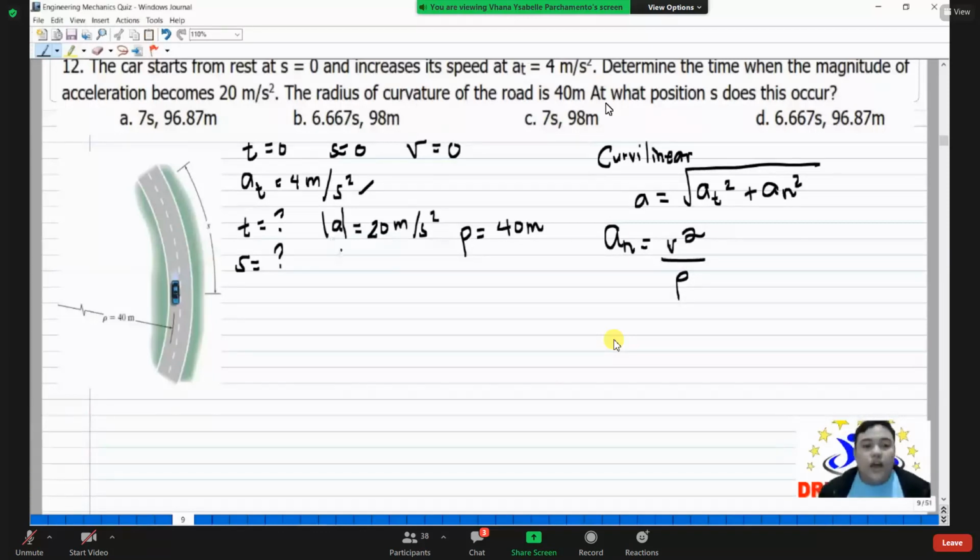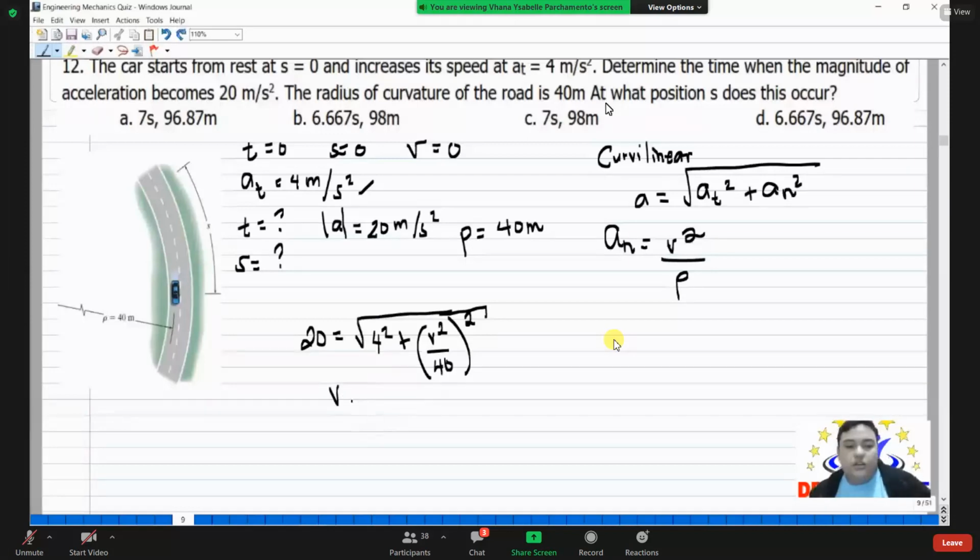Now, given yung ating magnitude, so therefore we can say that 20 is equal to the square root of 4 squared plus yung velocity natin, velocity squared all over yung rho natin, which is 40, the quantity squared. So makukuha na natin yung velocity dito.